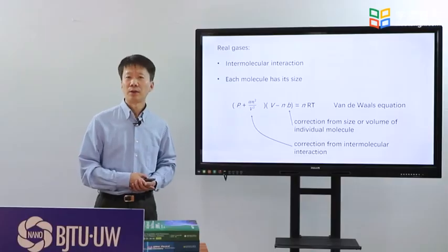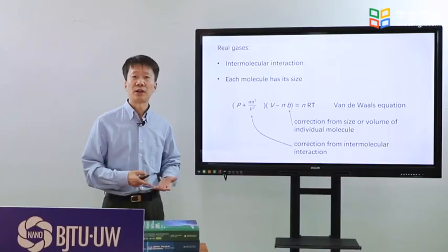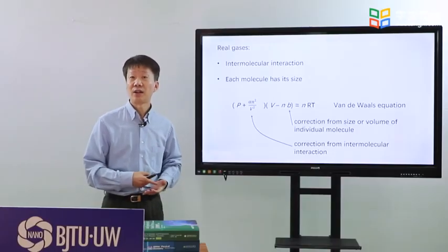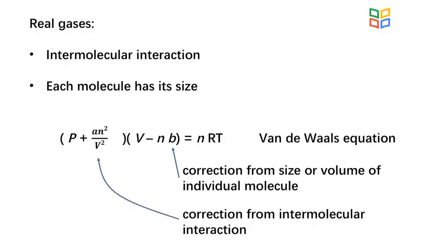The ideal gas model is very successful, but the errors introduced by neglecting intermolecular interaction and the size of the molecules are very high in solving practical problems, because there are intermolecular interactions in real gases. The volume of every single molecule cannot be neglected.